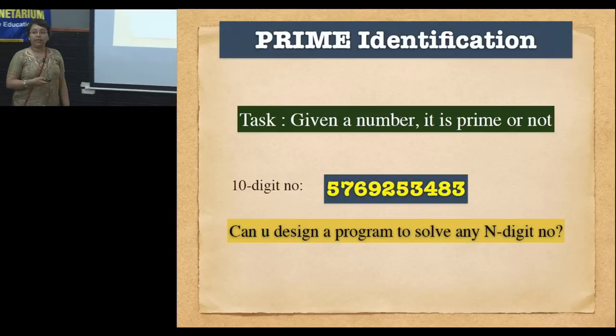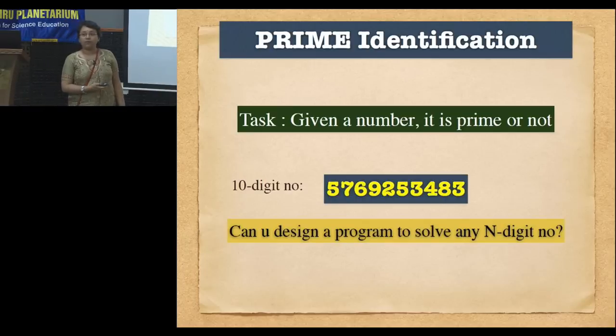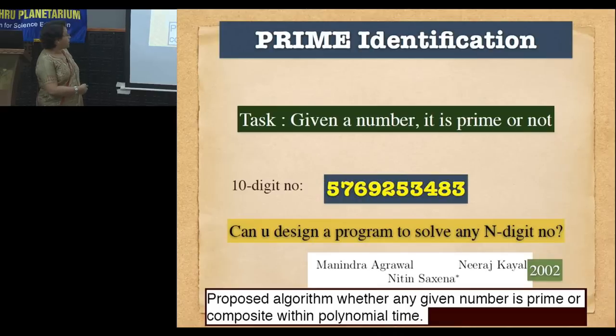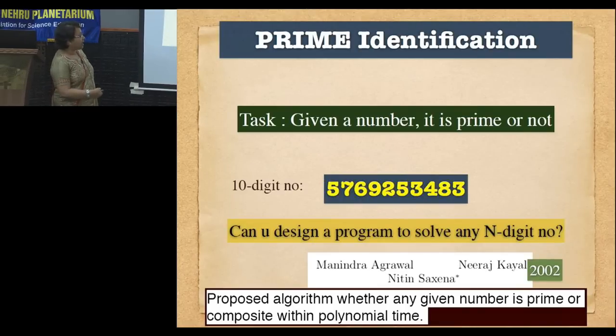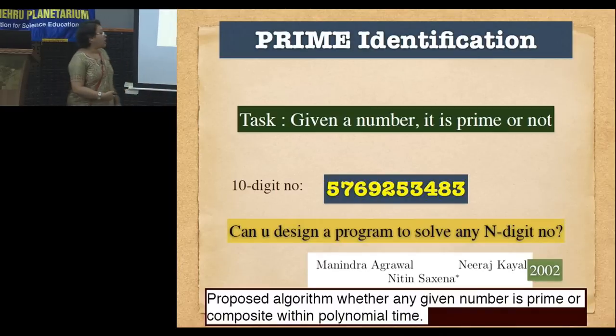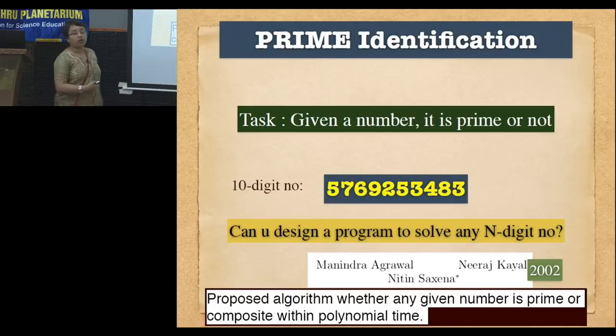Now, this looks like such a simple problem, but it was unsolved for a long time, and it was solved in 2002 by three computer scientists from IIT Kanpur. They proposed an algorithm, and they showed that by their algorithm they can identify whether a number is prime or not within polynomial time.